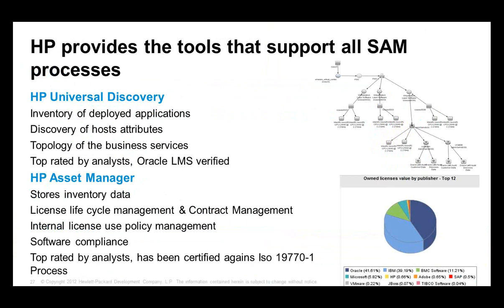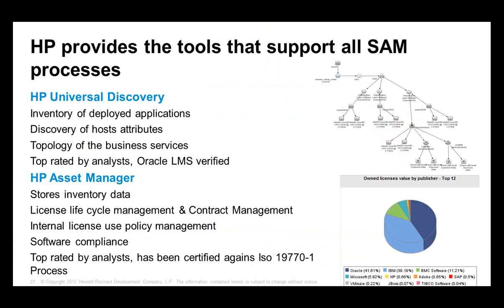UD will discover the host attributes, such as what operating system version, what is the CPU type, how many CPUs, how many cores, disk space, and so on. And in addition to this very detailed inventory information, Universal Discovery will discover the topology of your infrastructure. So we have on the right an example of a cluster that has been discovered by UD.